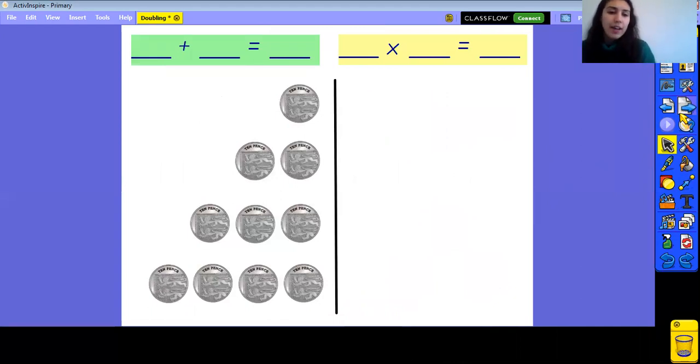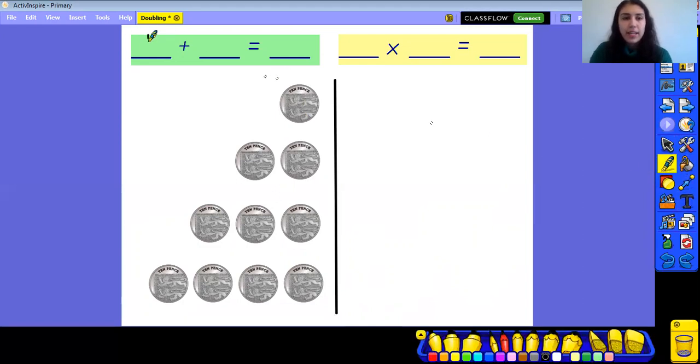Right, we're going to move on to have a look at some strategies that we can use when we are doubling larger numbers. So everything that I've got here is made up with 10p coins. So here I've got 10p. I'll write that here, 10p. That's what I'm starting with.